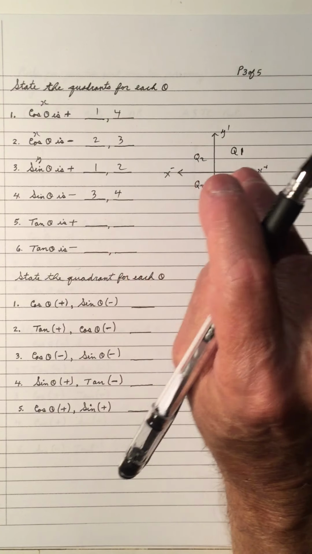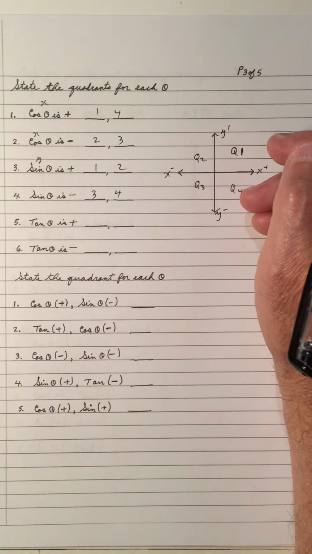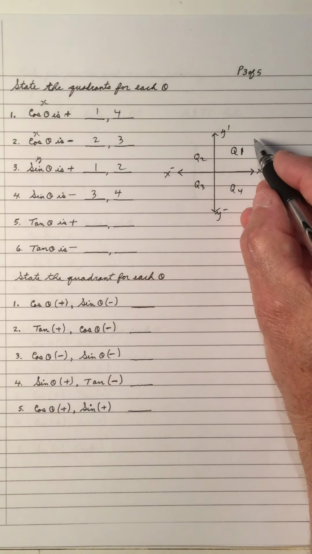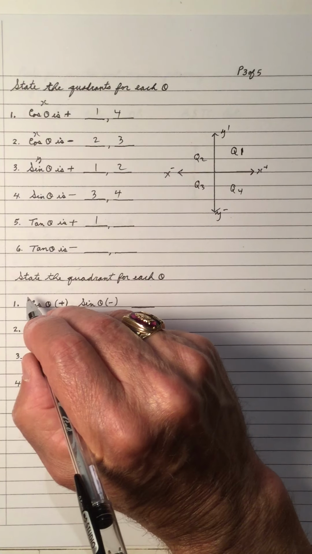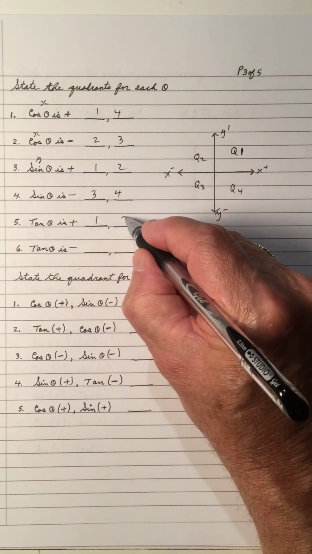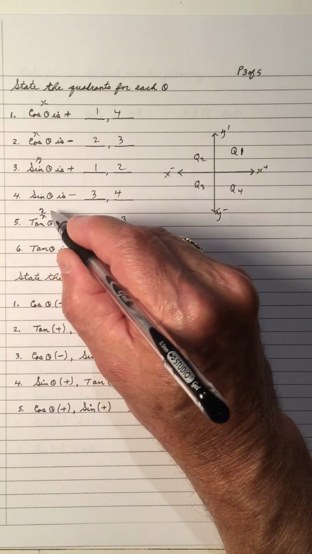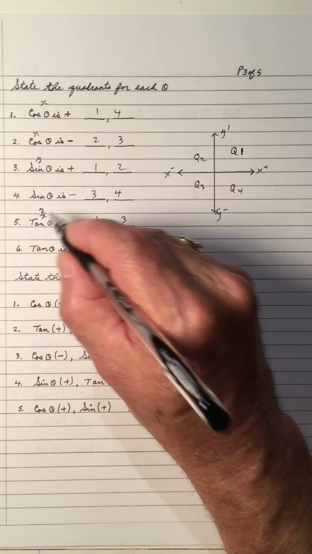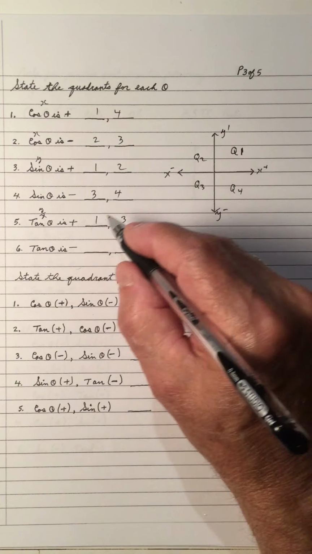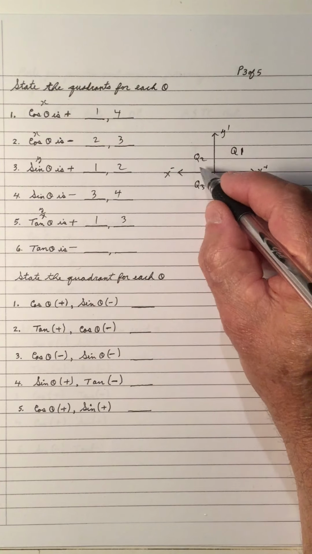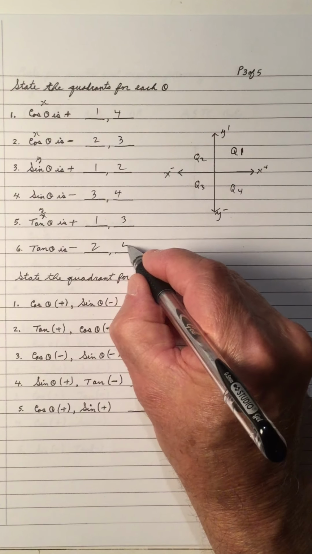So if you say where's positive, then it's negative in the other ones. Tan is positive always in quadrant 1 and in quadrant 3. Tan is associated with the y over the x, where the signs are the same. Tan is negative. If tan is positive in 1 and 3, it's negative in 2 and 4.